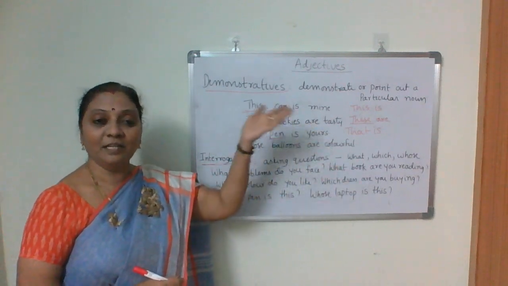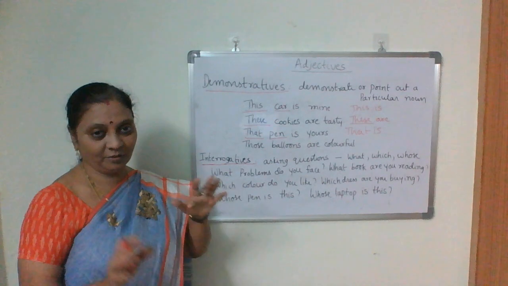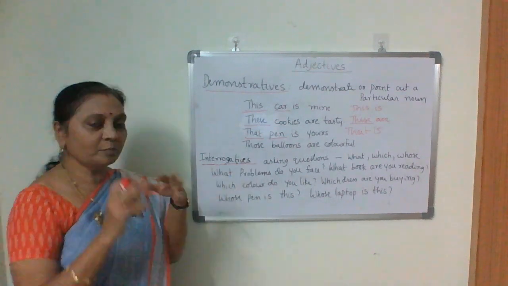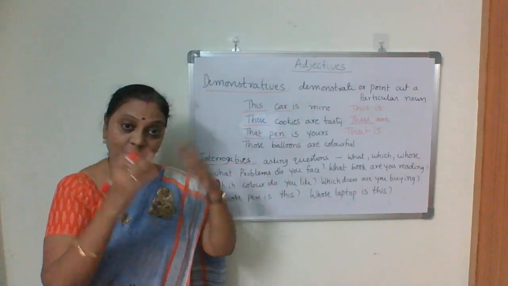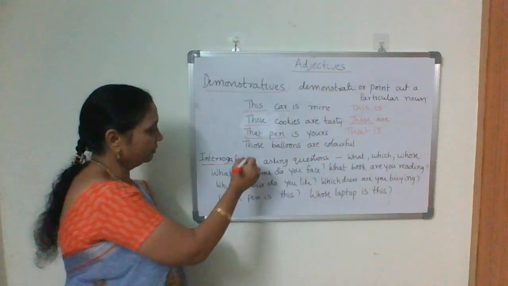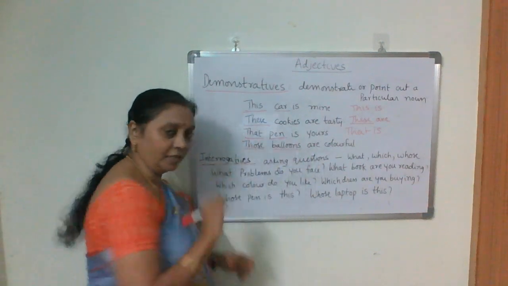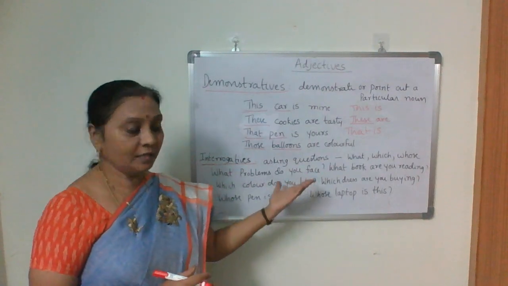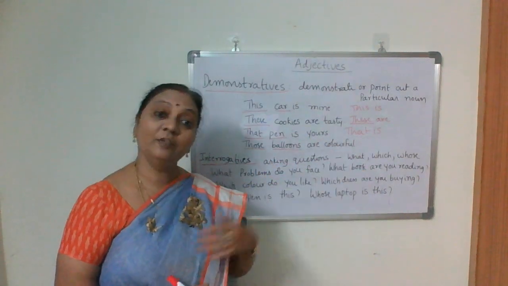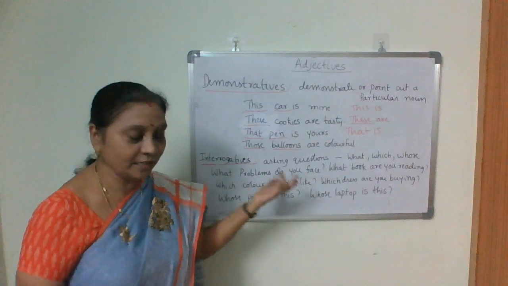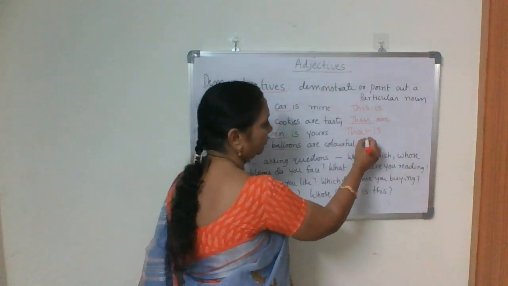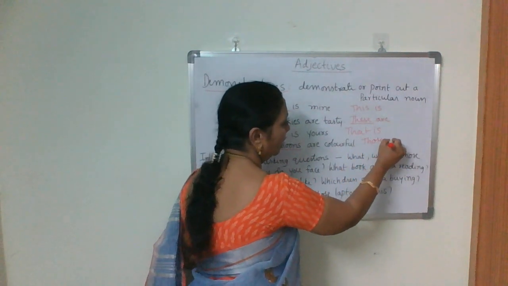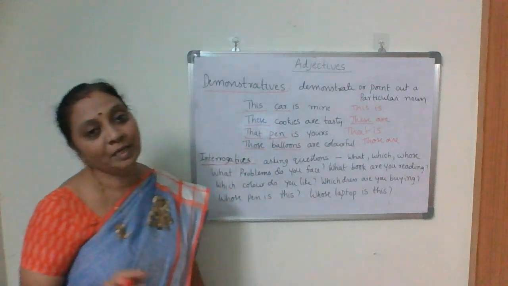That becomes a demonstrative pronoun. Those balloons are colorful. Those balloons. Okay, balloons a noun, and those is a demonstrative adjective. Similarly, those are colorful balloons. Even as a pronoun, demonstrative pronoun, if you want to say those are colorful balloons.